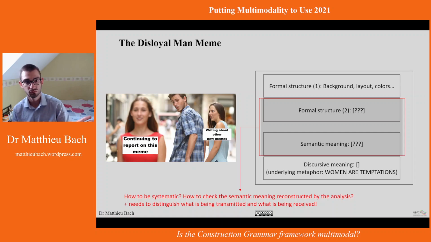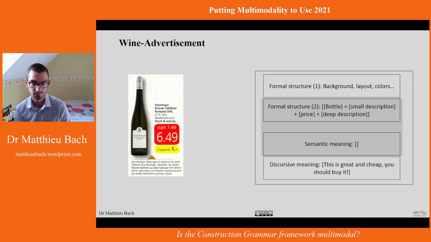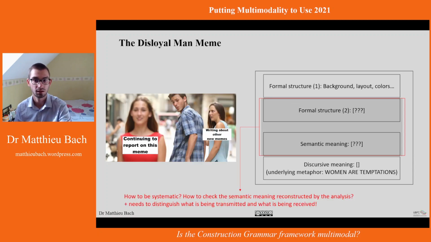So we need to analyze this from the production side and from the reception side, and we need to distinguish what is being transmitted from what is being received. And as you can see, I have not found how to precisely describe the semantic meaning and the formal structure, because it's really complex.